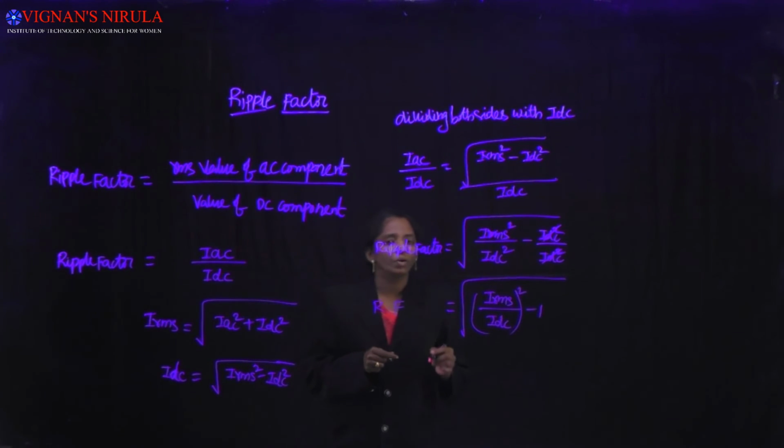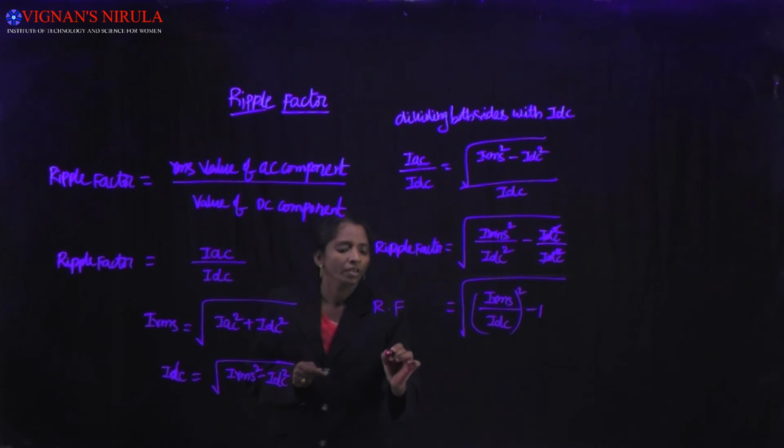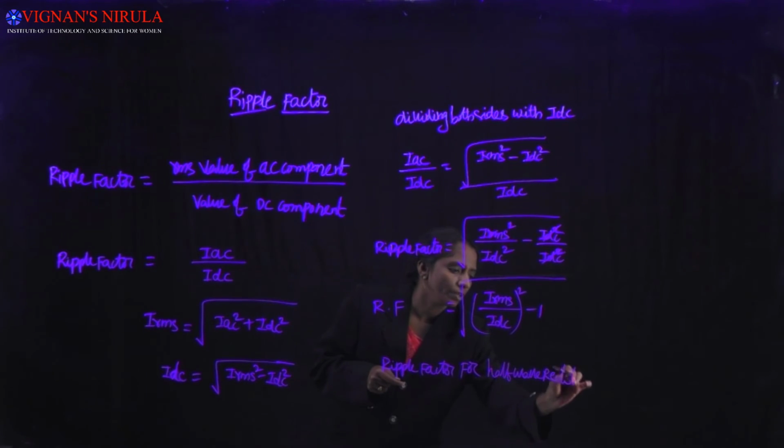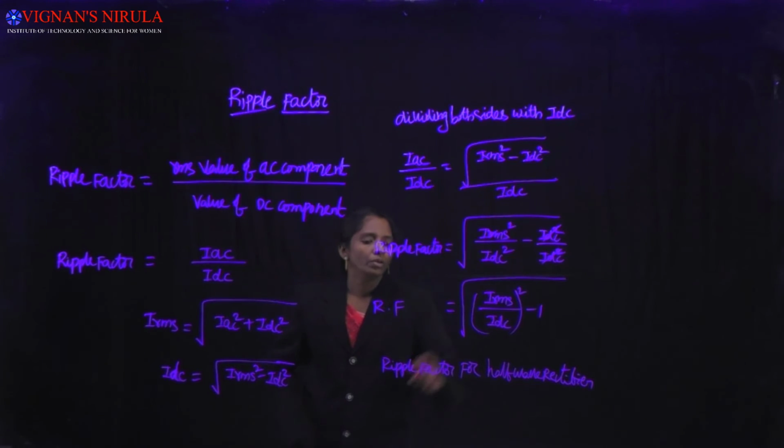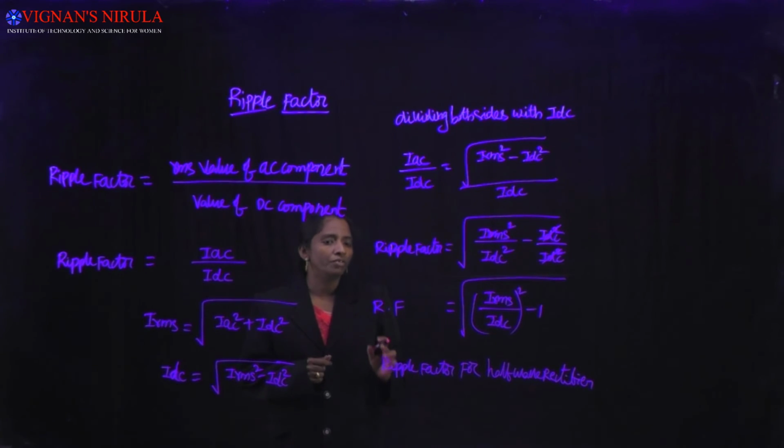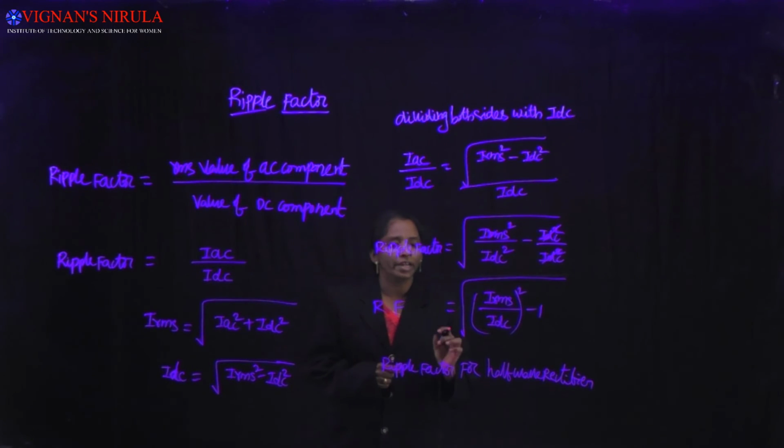Now we are going to calculate the ripple factor for the half wave rectifier and the full wave rectifier. To calculate the ripple factor for the half wave rectifier, we should know IRMS and IDC.